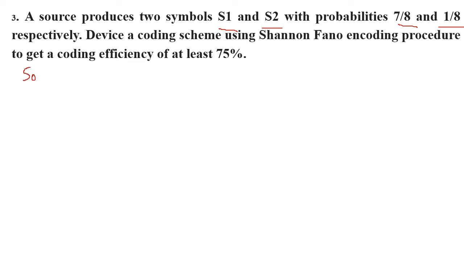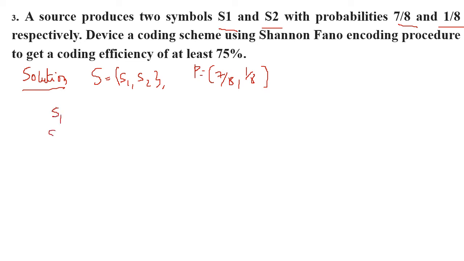So here, solution: we have the S set given as S1, S2 and the probabilities P are given as 7 by 8 and 1 by 8. As per the Shannon-Fano encoding procedure, the first step is arranging the given probabilities in decreasing order. So S1 is 7 by 8 and S2 is 1 by 8, which is in decreasing order. Next step is to group it into two equal halves.